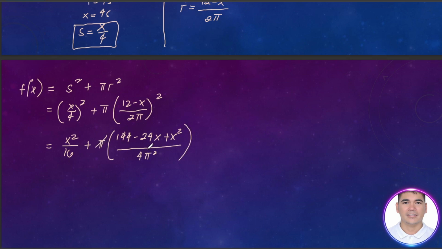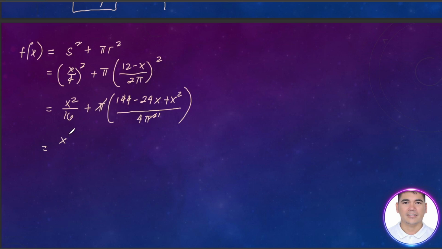So, we can cancel pi. What remains is x squared over 16 plus 144 minus 24x plus x squared over 4 pi.